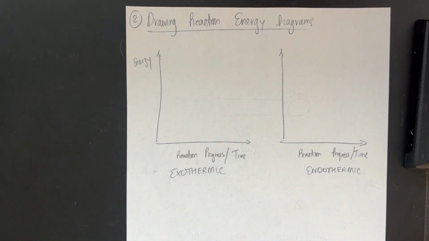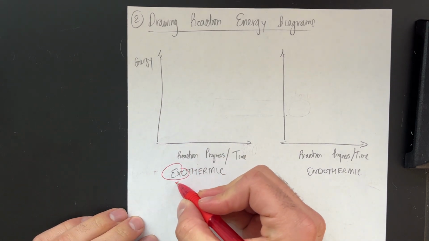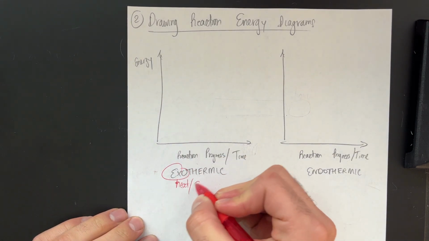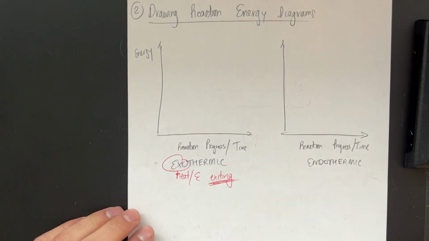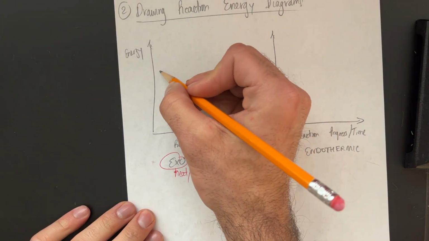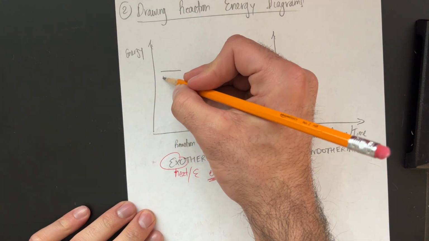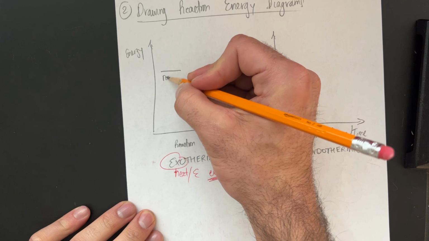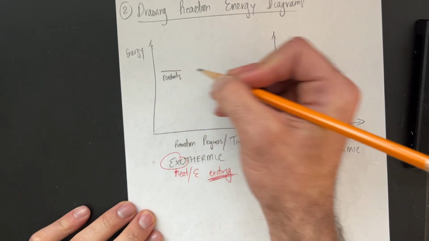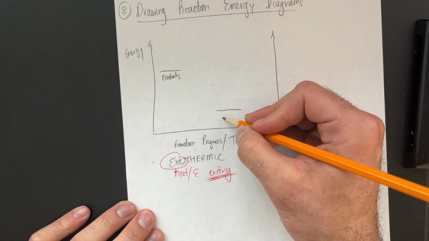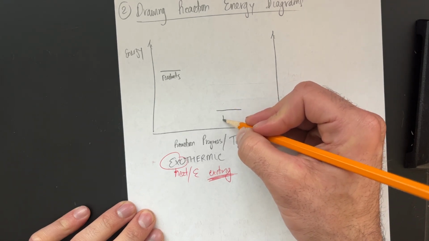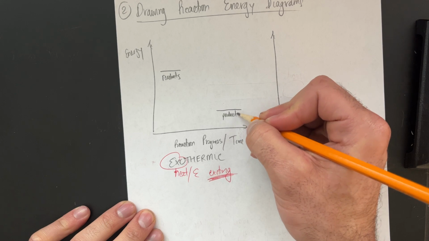Remember that in an exothermic reaction, heat energy is exiting, so we must be losing energy over time. At the beginning of our reaction we have our reactants, and as the reaction progresses, at the end we're going to be down here, for our products.